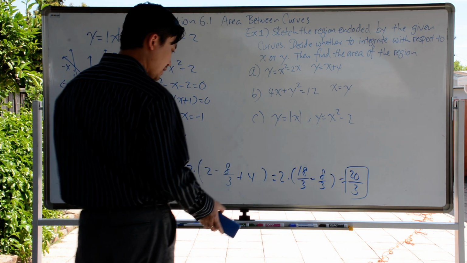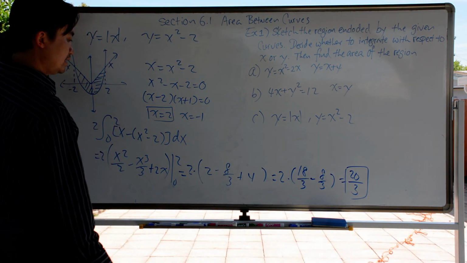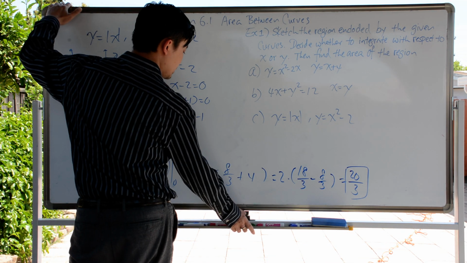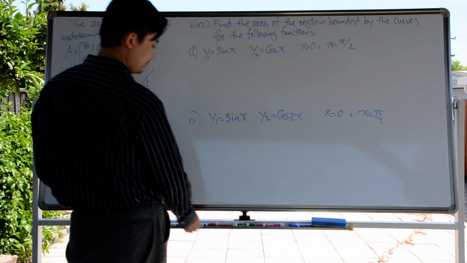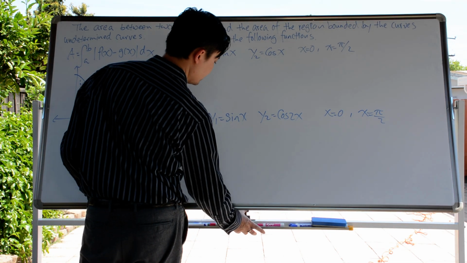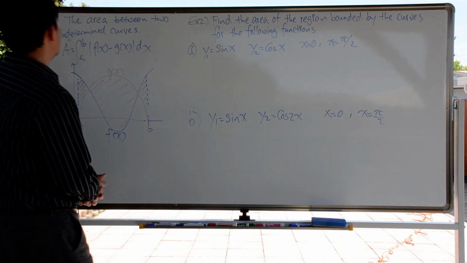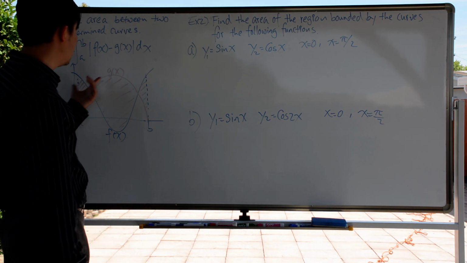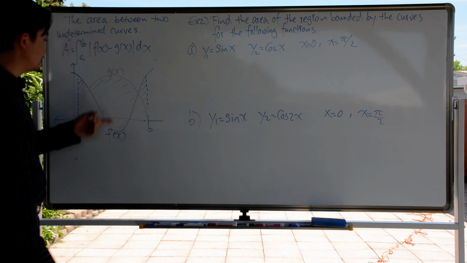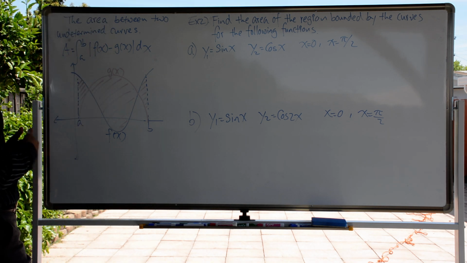So we just found the area between two curves, the one with respect to dx, and the other one with respect to dy. Okay, so now let's look at this one. The area between two undetermined curves. Undetermined curve sometimes means that f of x could be considered the upper curve, or g of x could be considered the lower curve from a certain value here.